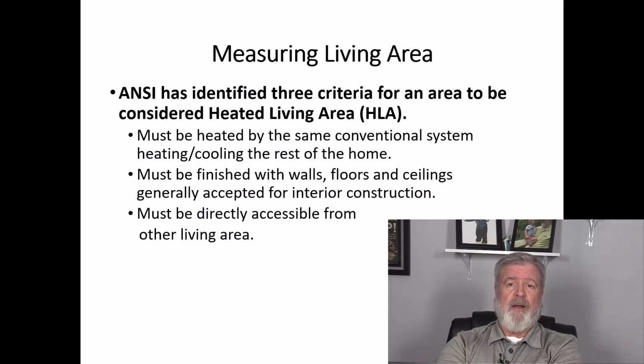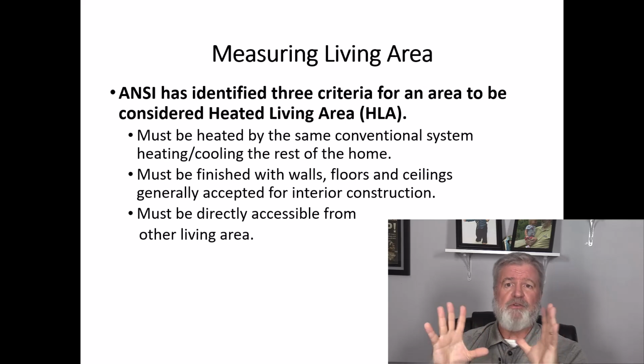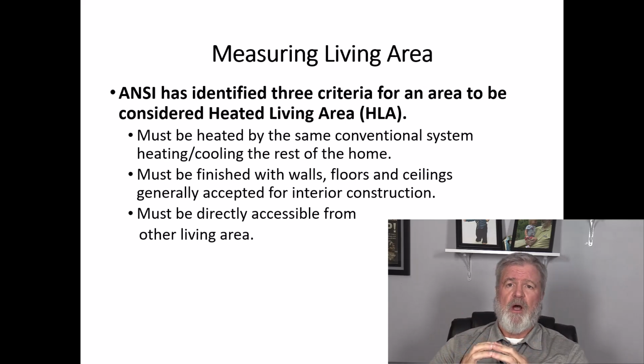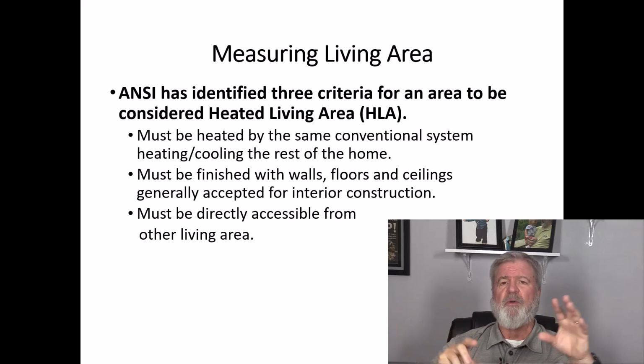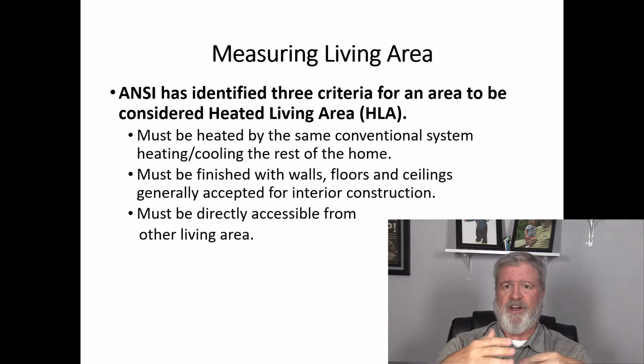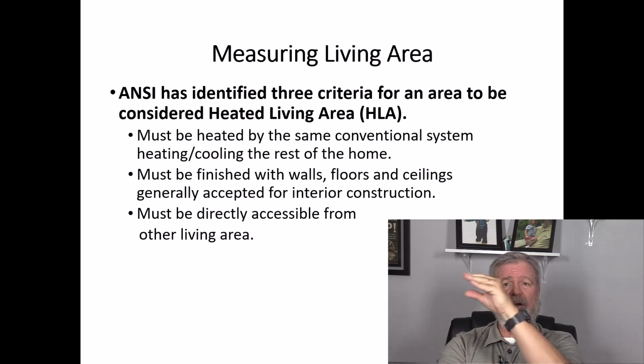A lot of times there's no ductwork going into that space. They will have a window unit or something like that in order to heat and cool just that room. Now, the rest of the house has a heating and air unit outside like most houses have that heat and cool the house. It's just that room over the garage does not heat and cool by that system.